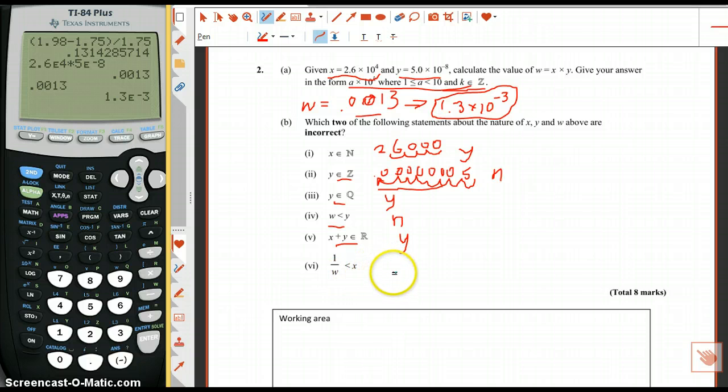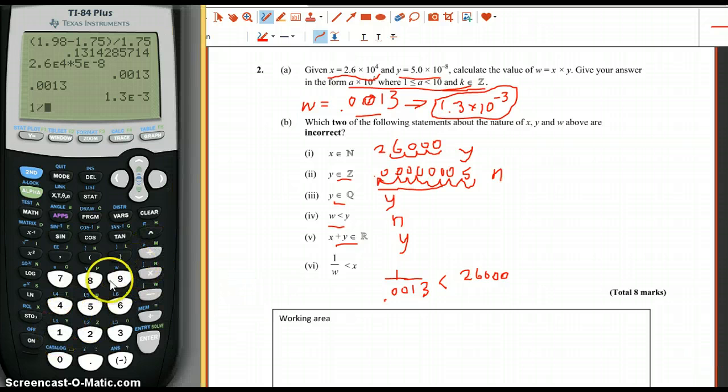Okay, we might need the calculator for this. So 1 over 0.0013 is less than x, which is 26,000, right? Okay, so let's figure out what is 1 divided by 0.0013. Okay. 1 divided by 0.0013. Ooh.